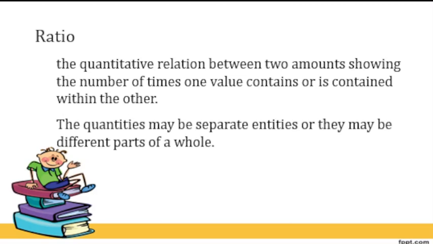The quantities may be separate entities or they may be different parts of a whole. Again, that is expressed as A is to B, where A and B are not equal to 0. Please take note that A and B are the same kind of quantities but not equal to 0.